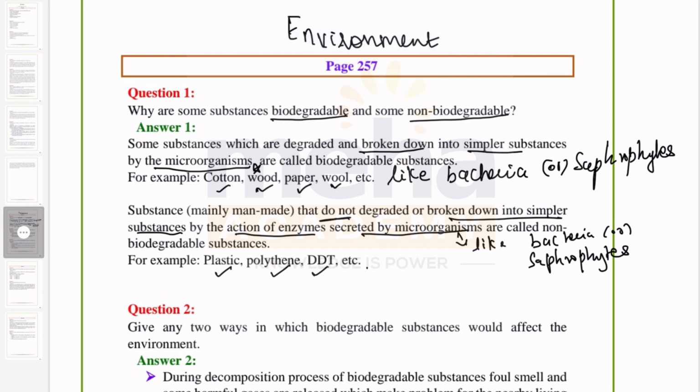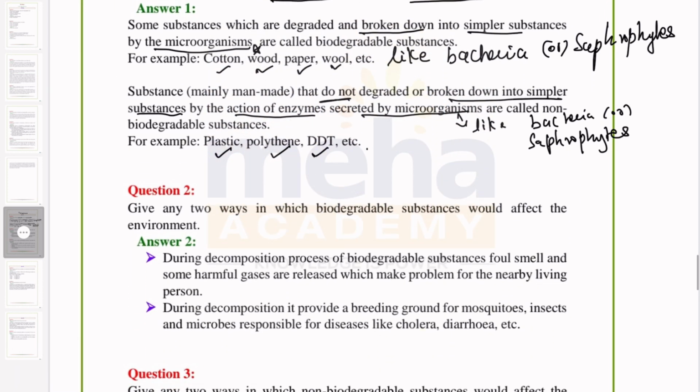Next question: give any two ways in which biodegradable substances would affect the environment.